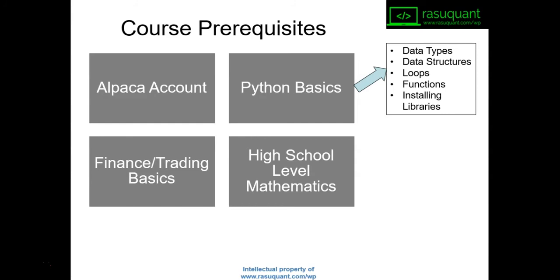The next very important course prerequisite is familiarity with Python basics. Although I go into sufficient detail of every code bit that I present in my lecture videos, basic familiarity with key Python concepts is essential.